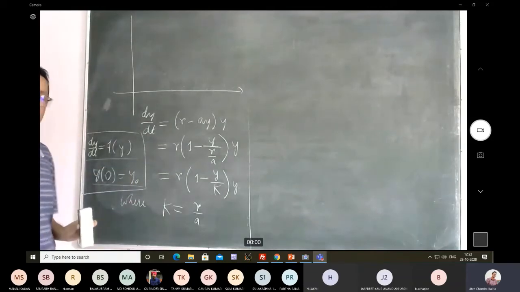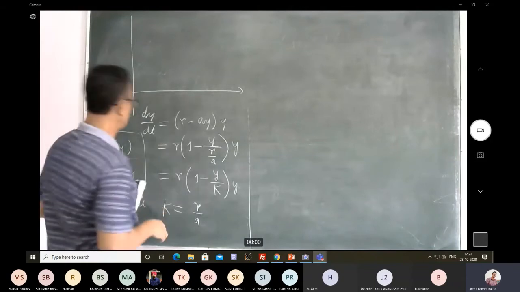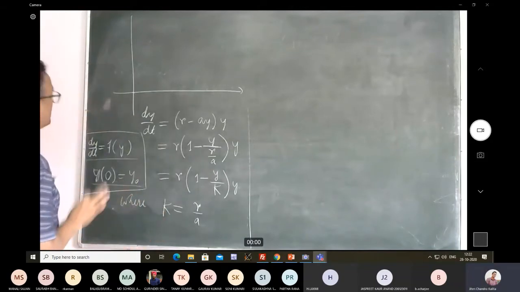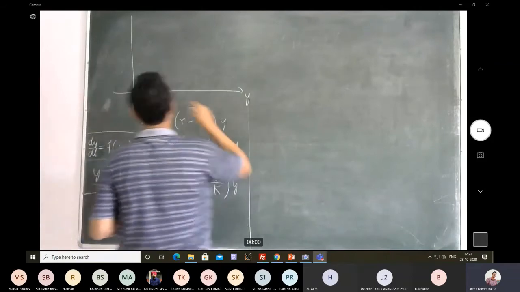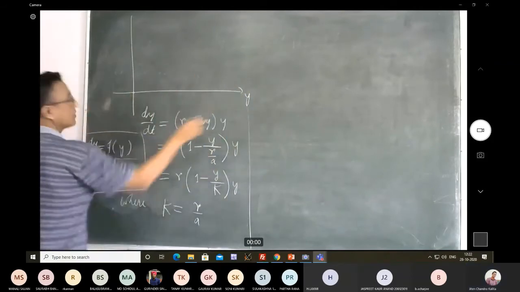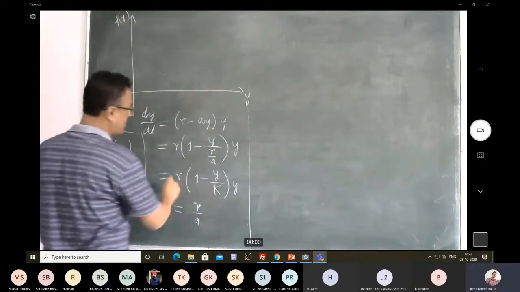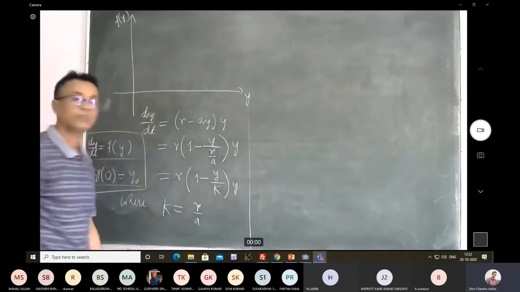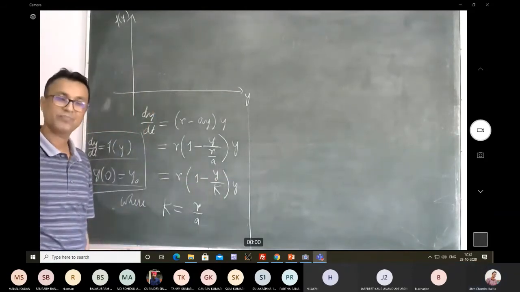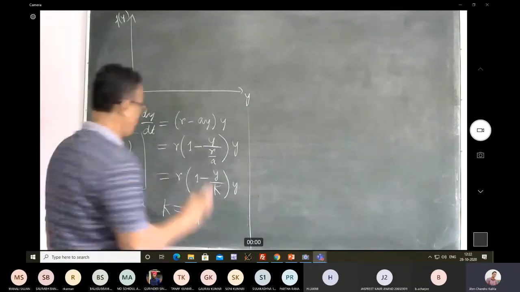Obviously this is an autonomous system. Now I would like to draw the graph of y versus f(y), where f(y) is r into (1 minus y by k) into y.